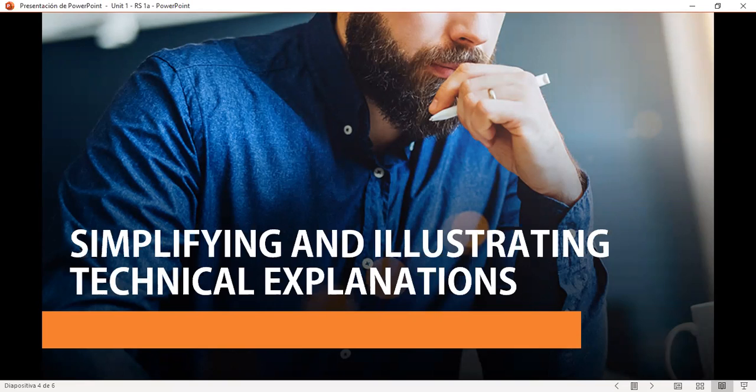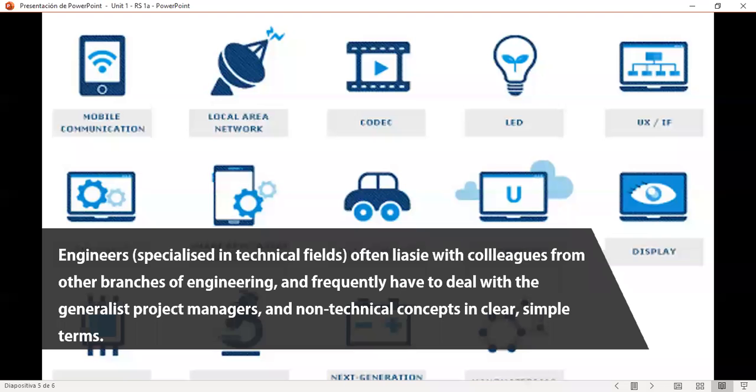In this case, as an engineer, we have different tasks to do. So, talking about simplifying and illustrating technical explanations, we know that engineers specialized in technical fields often liaise with colleagues from other branches of engineering.